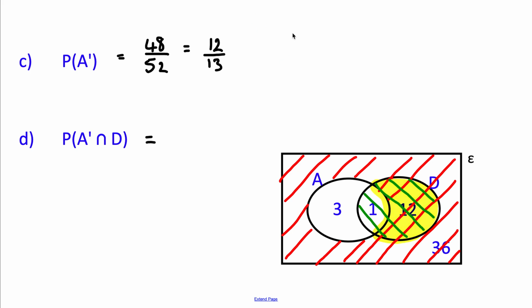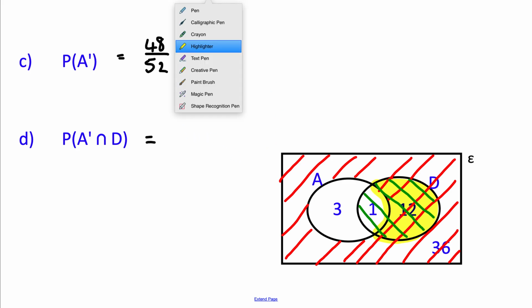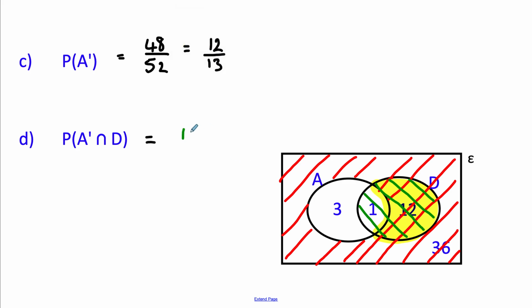And we can then take the probability. So that's 12 out of the 52. And that would cancel down to 3/4. No, it wouldn't. 3/13, sorry.